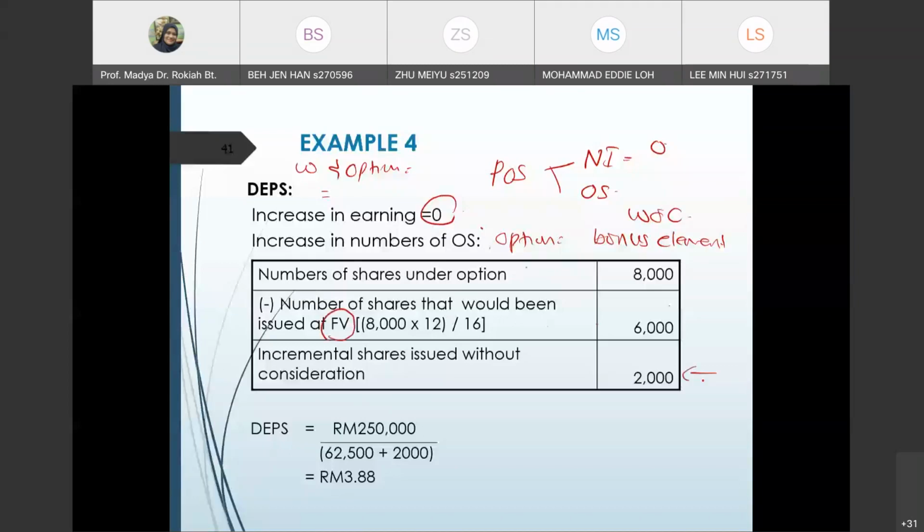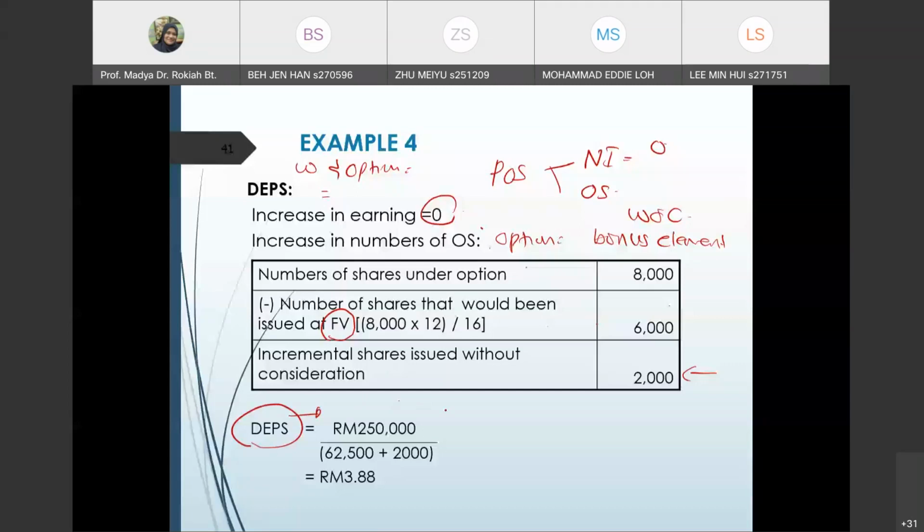So 2,000. So the diluted earning per share here means that we assume that the bonus was taken. So once we assume the bonus was taken, the POS come in as ordinary share.